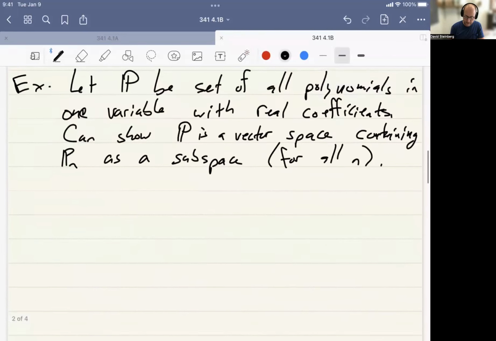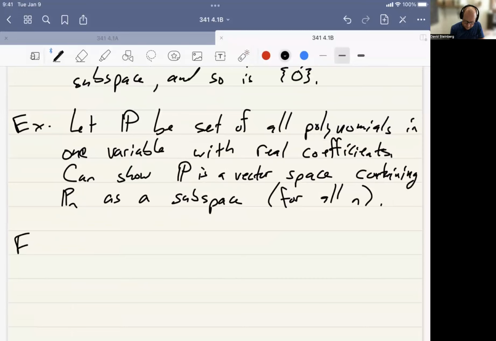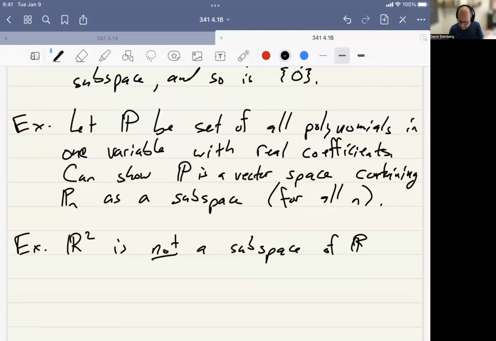Let's do a quick non-example, because this is a common mistake to make. R2, a perfectly good vector space, is not a subspace of R3. And there's a subtle distinction. Here we've got pairs of numbers, here we've got triples.